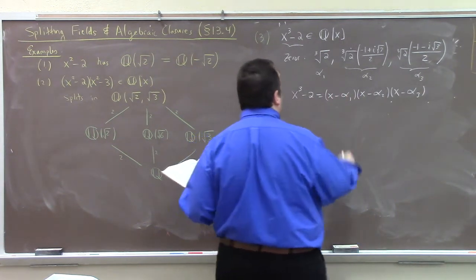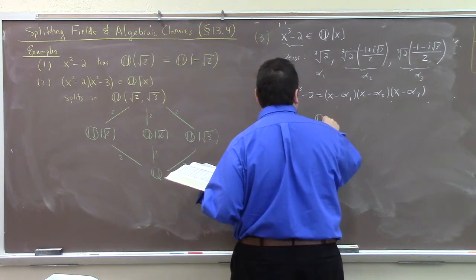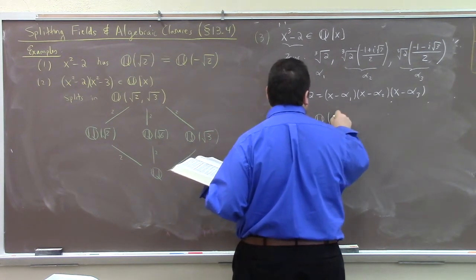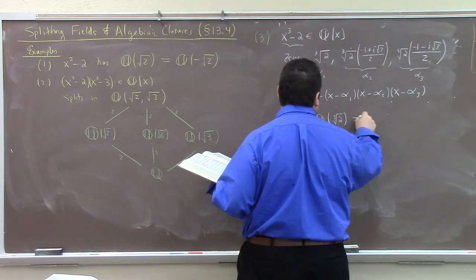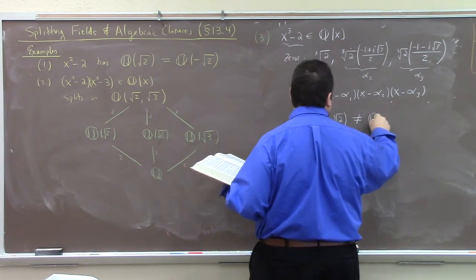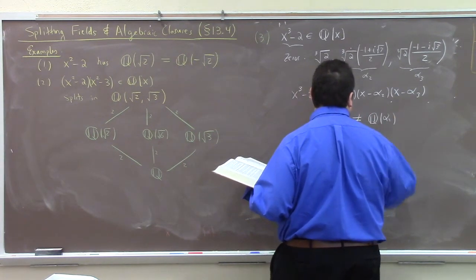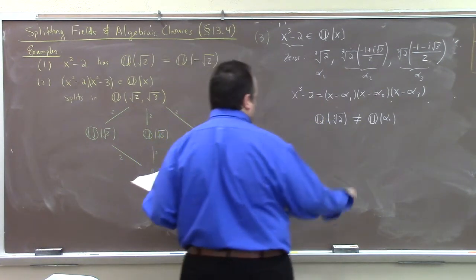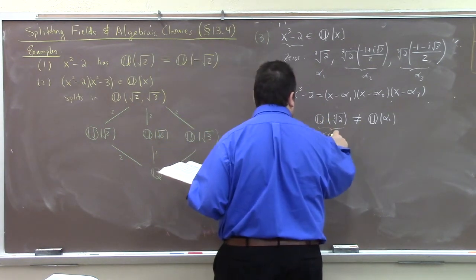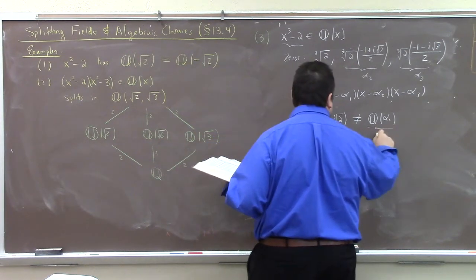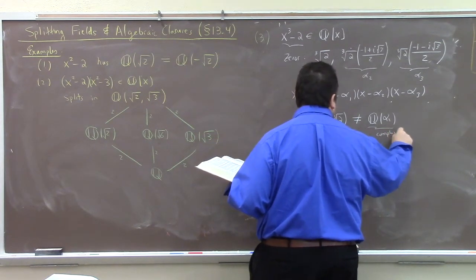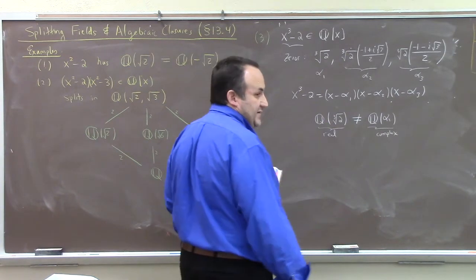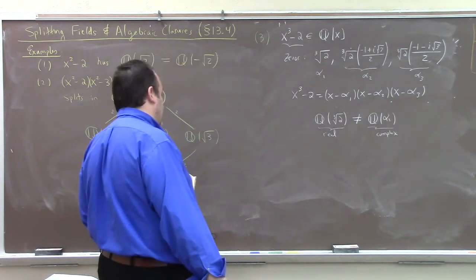But it's certainly not the case that Q adjoin the cube root of 2 is equal to Q adjoin alpha 2. I mean, this is real, this is complex. So they're not the same extension field by any stretch of the imagination.